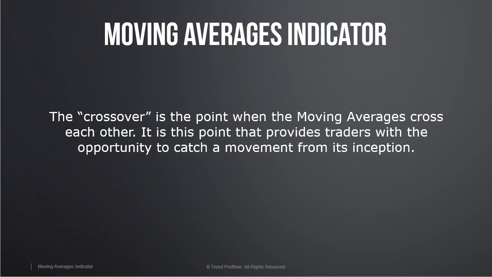Of course, to have a valid trade setup in the Profiteer system, it has to be in harmony with all the other indicators. But the crossover moving average is a system in itself and can certainly be used to give you an indication of when the trend is moving or more dominant in one direction or another.